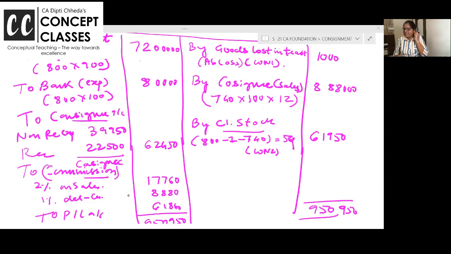Please write all the things in detail, and next they have not asked, but we are preparing consignee account just for practice. हो गया लिखना डियर? कुछ और डाउट है कंसाइनमेंट अकाउंट में तो बिल्कुल पूछो. Flow of the problem should be very clear.